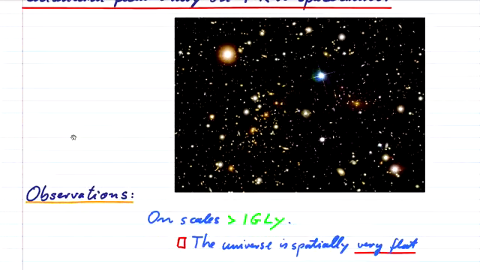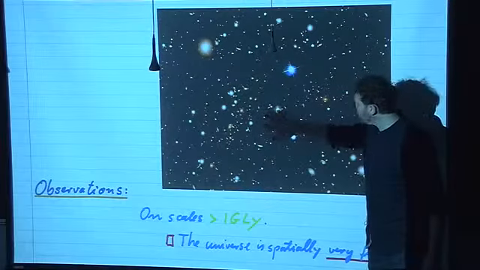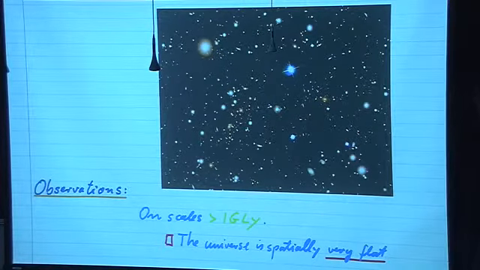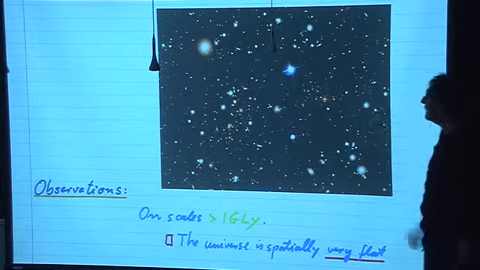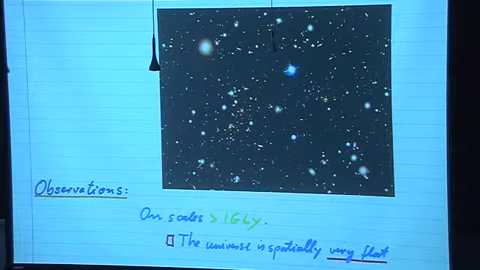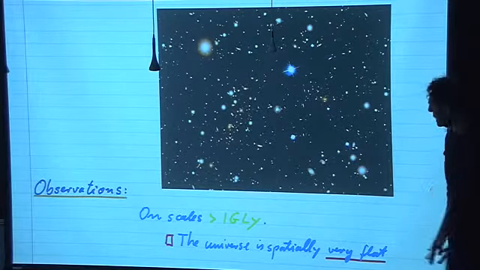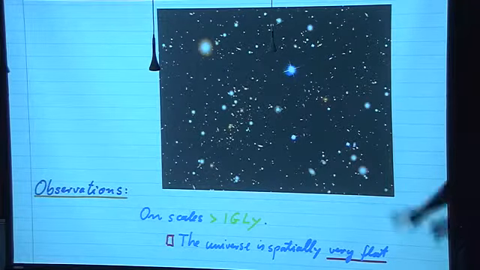A key observation is that even though those galaxies locally cause curvature, once you're looking at scales of like 1 billion light years or larger, then the universe turns out to be spatially flat with enormous accuracy.